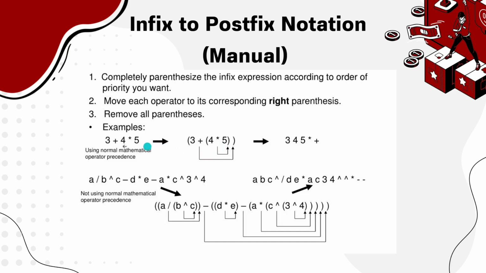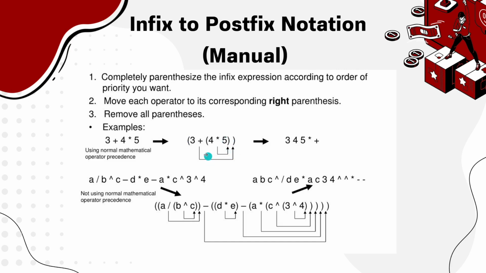So, here in the given expression 3 plus 4 star 5, I have just added parentheses to decide the order in which this expression has to be evaluated. According to operator precedence, star has topmost priority. So, 4 star 5 has to be evaluated first, followed by that the result has to be summed up with 3. This is how this expression has to be evaluated, and accordingly we have marked the brackets.